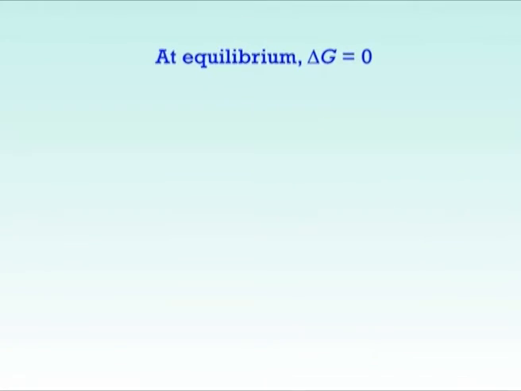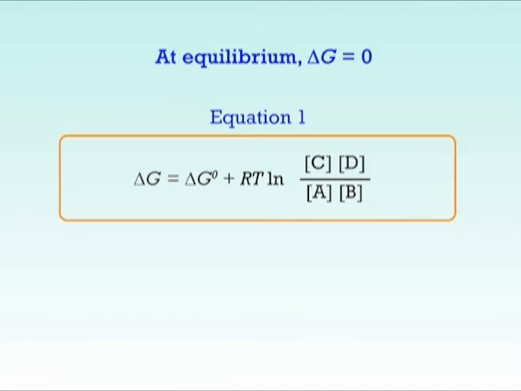The relation between the standard free energy and the equilibrium constant of a reaction can be readily derived. This equation is important because it displays the energetic relation between products and reactants in terms of their concentrations. So, at equilibrium, delta G equals 0.